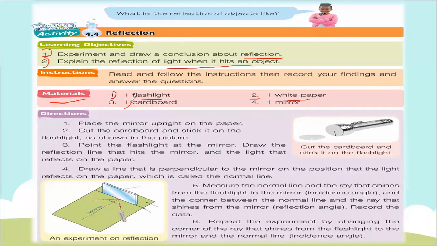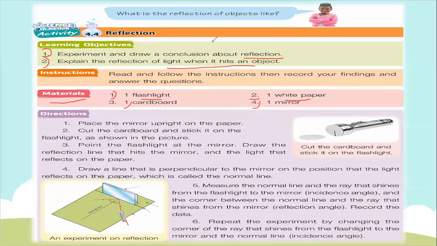And fourth, one mirror. So four materials we require: a flashlight, a cardboard, a mirror, and a white paper.